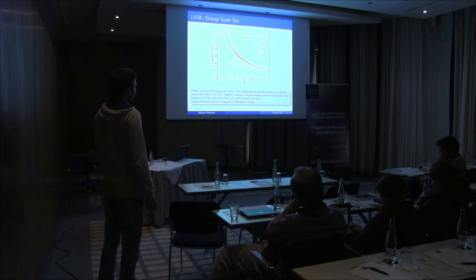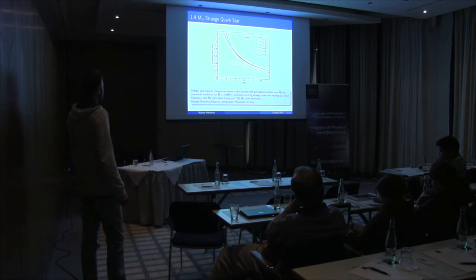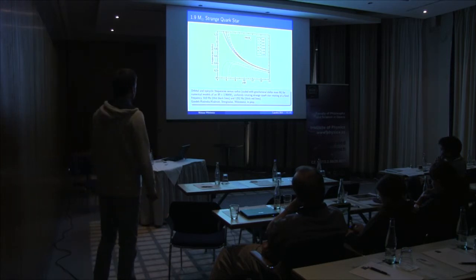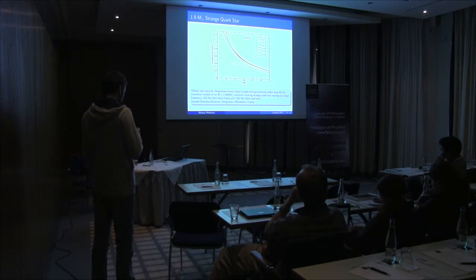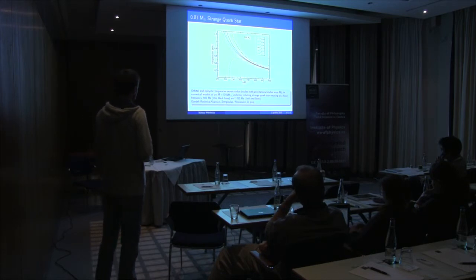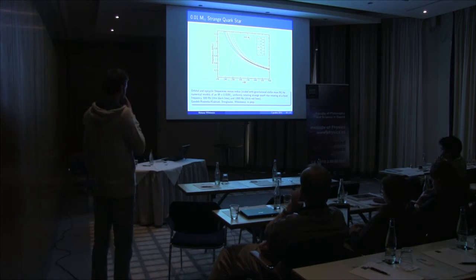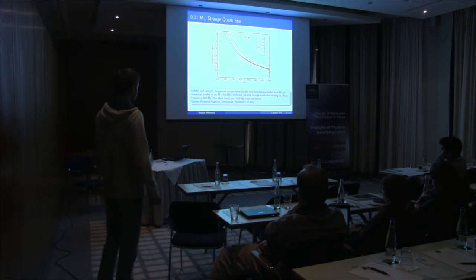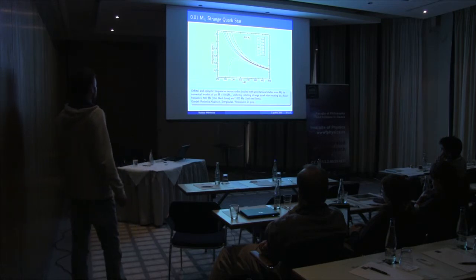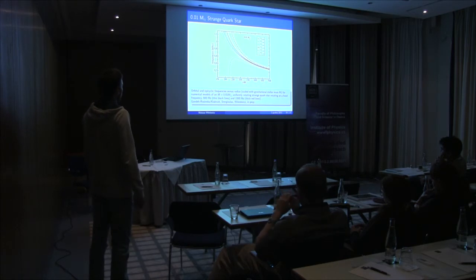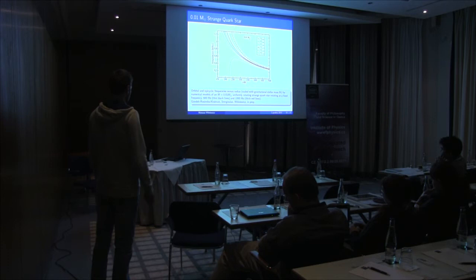The vertical epicyclic frequency is higher than orbital. These are results for very low mass strange quark stars, and the difference between orbital and vertical epicyclic frequency is much higher.